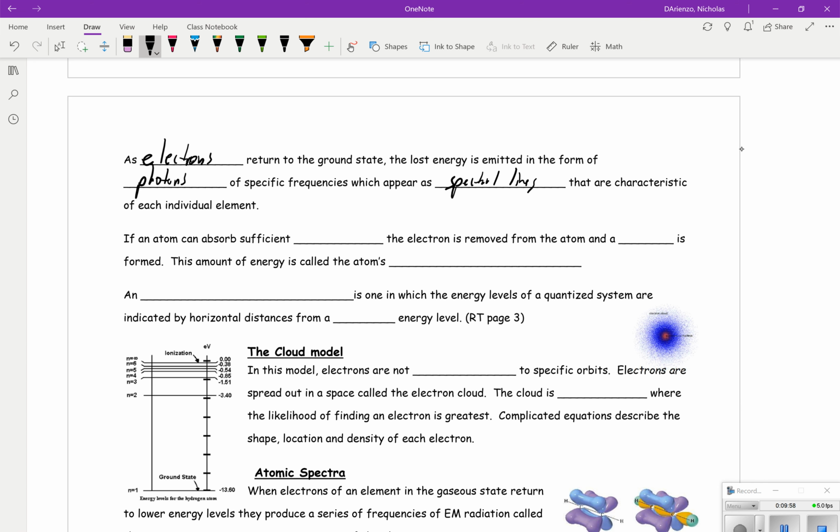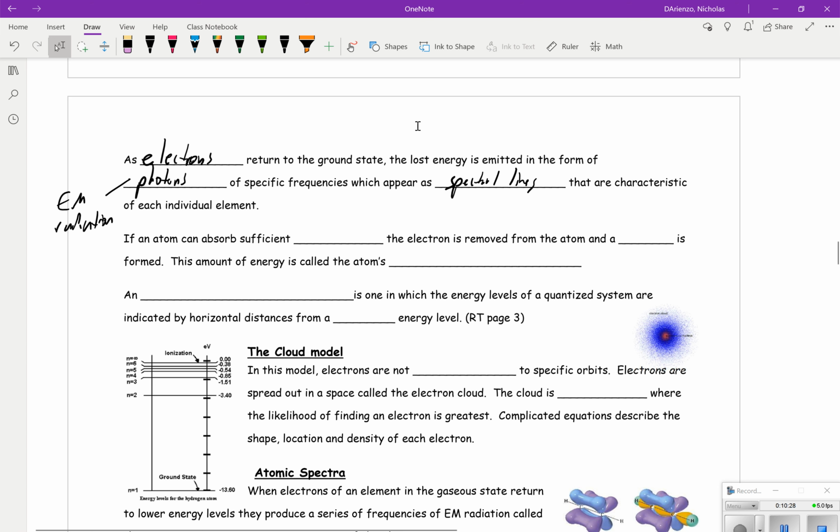Now, these photons are any form of electromagnetic radiation. Oftentimes, the ones in the visible spectrum are the ones we can see, but we often have atoms emitting photons in the ultraviolet or infrared regions, which we're not able to see with our eyes.